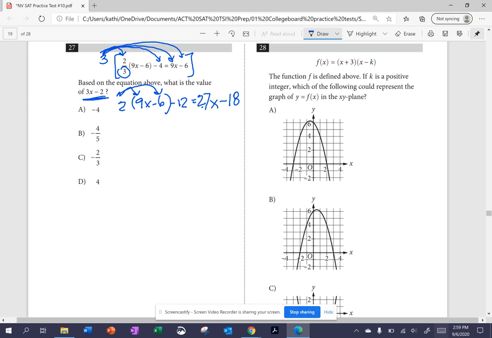Next, I'm going to distribute my 2 across my 2 inside terms. So I get 18x minus 12 equals 27x minus 18. I'm going to combine like terms. 18x minus 24 equals 27x minus 18. So I'm going to subtract 18x.